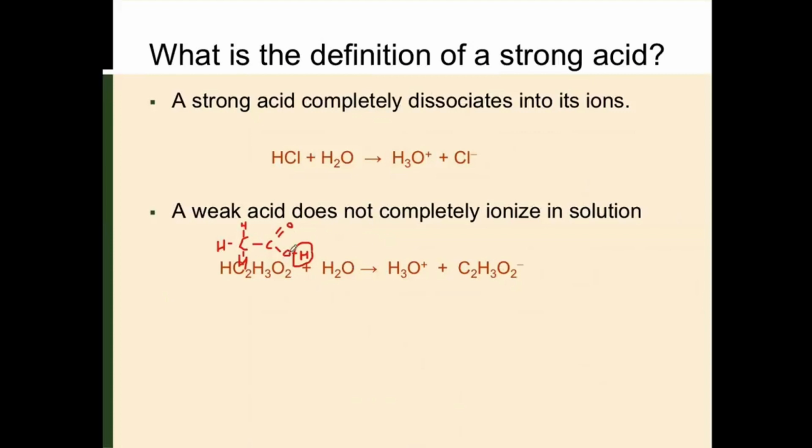So that is the acetic acid, and then the acetate will be something like this. Basically just that structure with the proton removed, the one that I circled. Like so. That's the acetate ion.